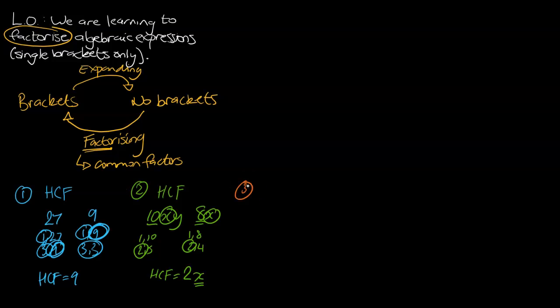And then last question, let's try a harder version, highest common factor again. So let's say we've got -30a squared b cubed c, and we've got 10a b squared c. So we've got to think what numbers multiply to -30. So we've got -1 and 30.